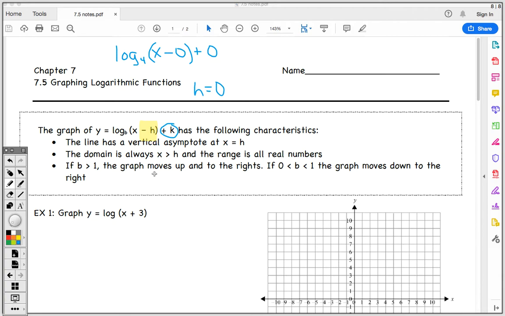The domain is always x is greater than h, so x is greater than 0, and we'd already looked at that. The range is always going to be all real numbers, which we looked at the graph and determined. Then it says if b, the base, is greater than 1, so is this greater than 1?